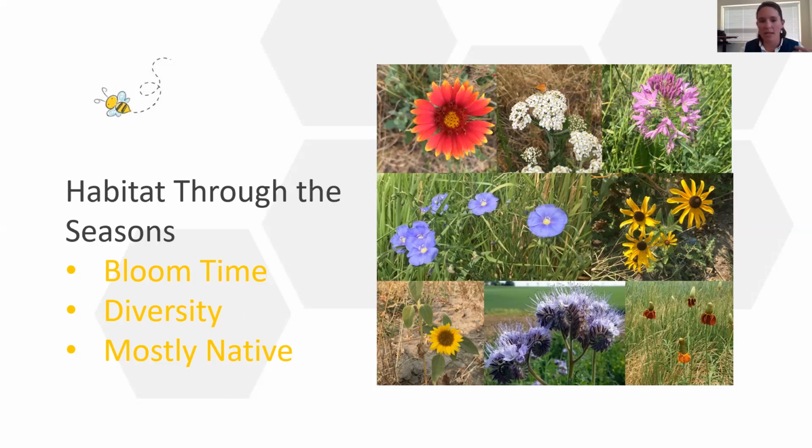The reason that we pay a lot of attention to diversity is because our native plants and our native pollinators have evolved together, and some of our pollinators are specialists and they key into certain traits on a flower.